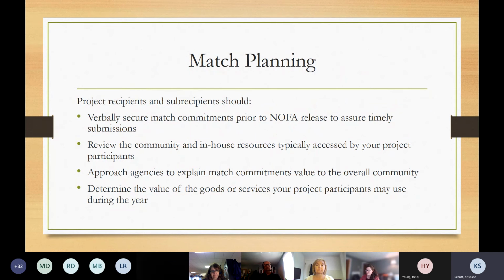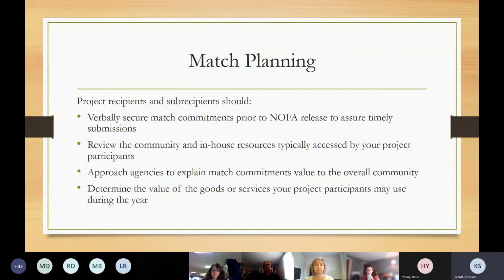So what Bureau of Housing Supports is looking for is for subrecipient agencies, especially since the FY 2021 NOFA is coming soon, to look at verbally securing match commitments prior to the FY 2021 NOFA release to make sure we have timely submissions when the NOFA is released.